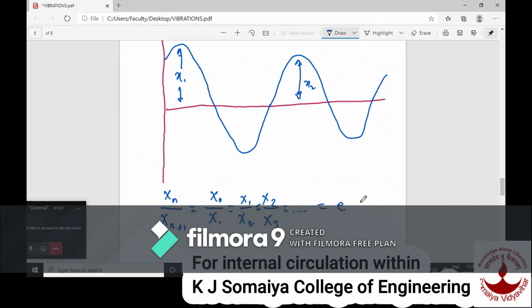And it can also be written equal to e raised to zeta into omega n into time period T.